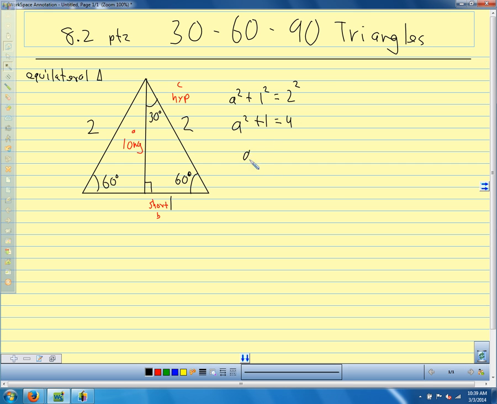Subtract 1 from both sides, I get A squared equals 3. And to undo the square, what undoes a square? Square root. There we go. So A is the square root of 3. Lee asks: how'd you get A squared plus 1 equals 4? 1 squared is 1, and 2 squared is 4. So I'm just using the Pythagorean theorem.